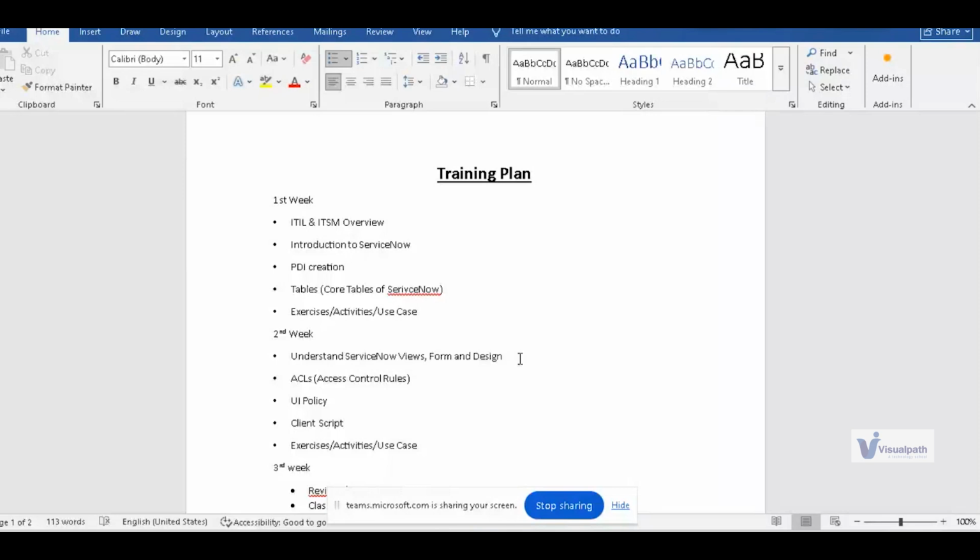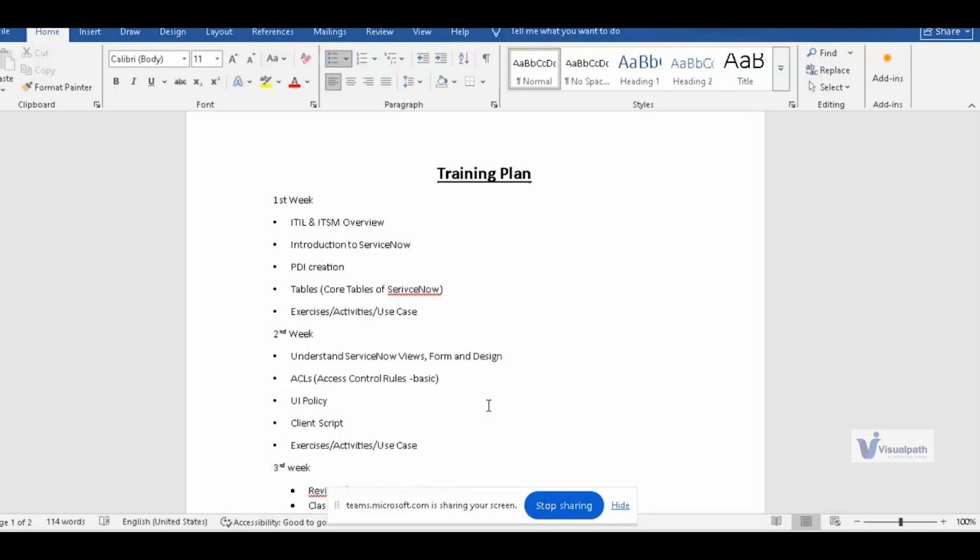But I want you to understand the basics, and we will come back to it at the end of the course to understand the advanced things. So you will be able to picture ACLs well by the end of the course. But you also need the basics, so we start with understanding how the data is projected into forms.